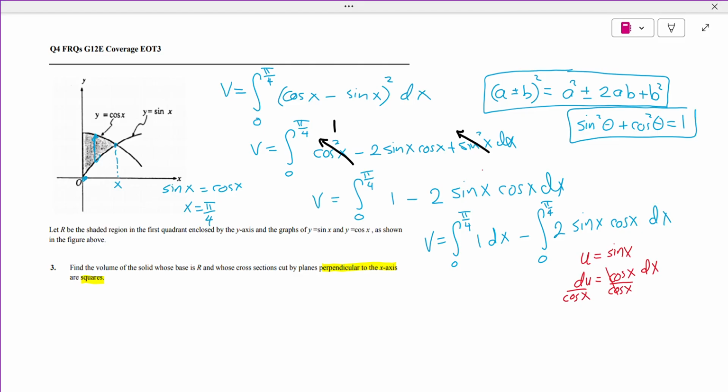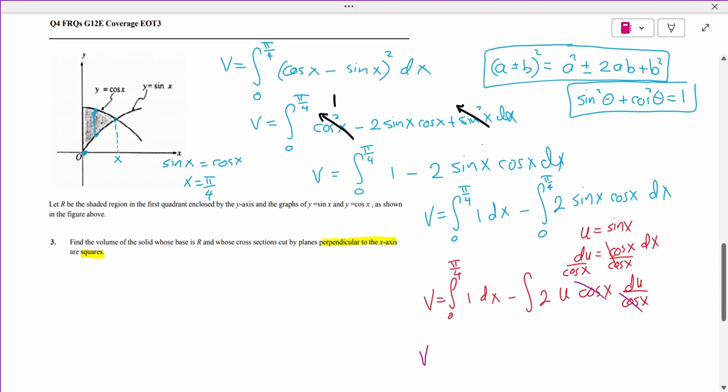So we can now go back to the integral. V equals the integral from 0 to pi over 4 of 1 dx minus the integral of 2. Instead of sine of x, let's write u. Keep cos of x. Now replace dx with du over cos of x. Now we can see that cos will get cancelled.